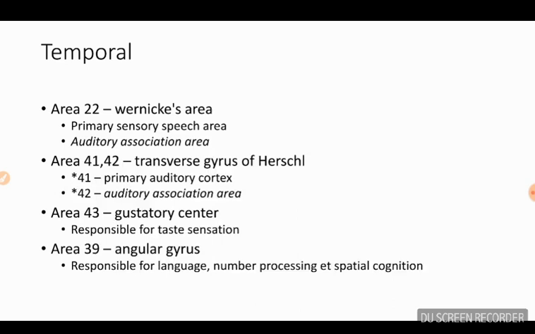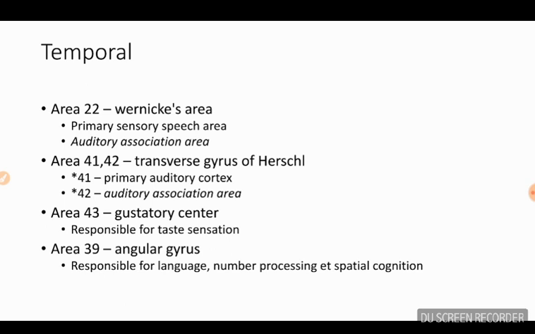You have your temporal lobe. In your temporal lobe, you have your area 22, also known as your Wernicke's area. It is also known as your primary sensory speech area, responsible for our comprehension.